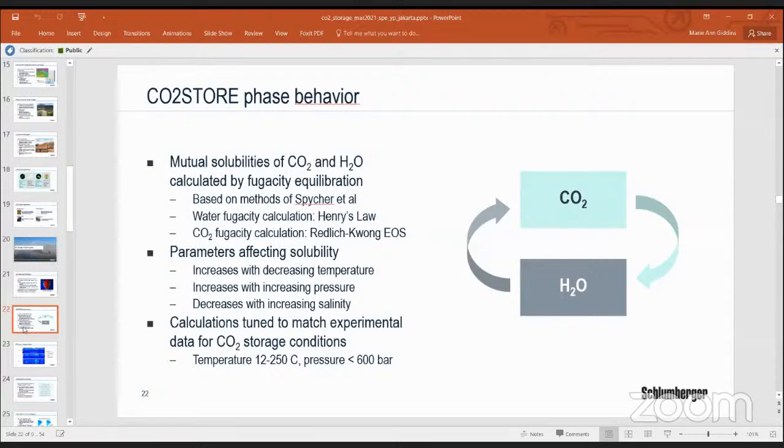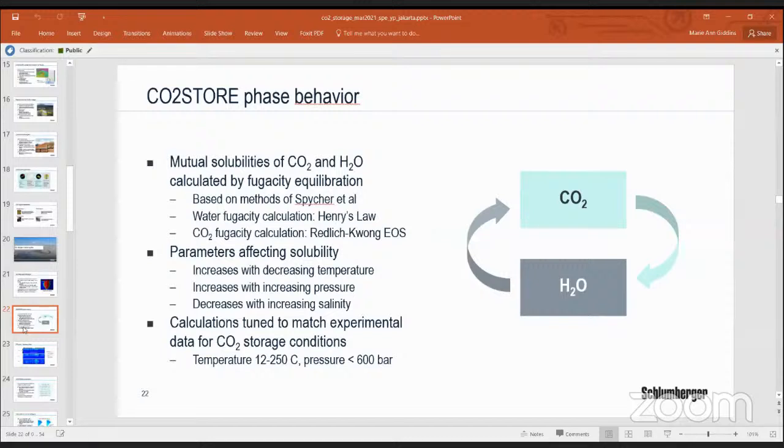The water fugacity calculation is done using Henry's law, and the CO2 fugacity calculation is done using a modified equation of state. Several parameters affect the solubility. So solubility of CO2 in water increases with decreasing temperature and with increasing pressure. It decreases with increasing salinity.